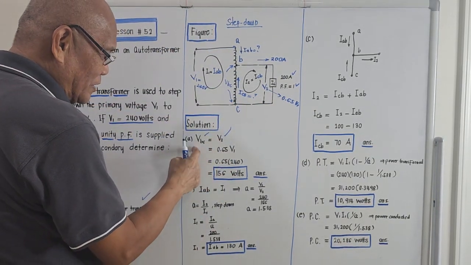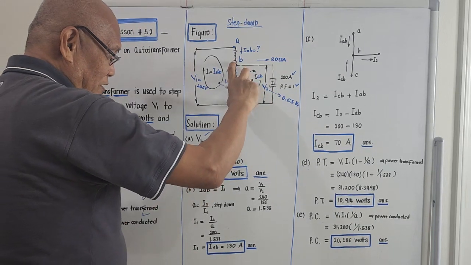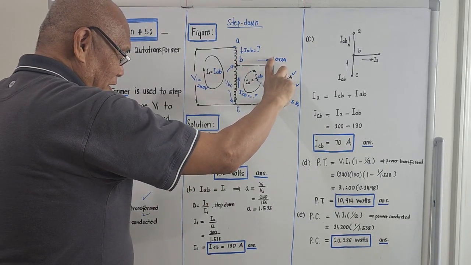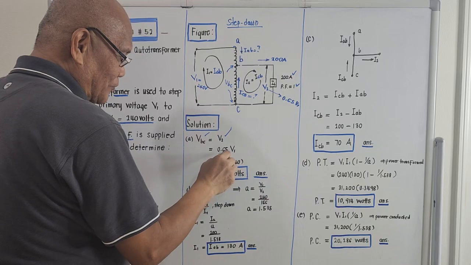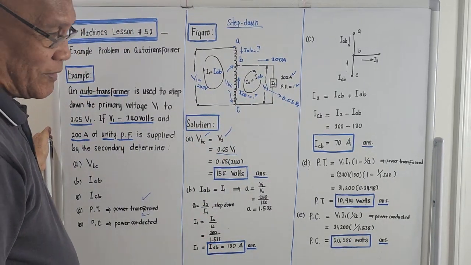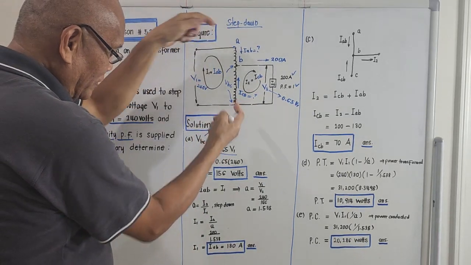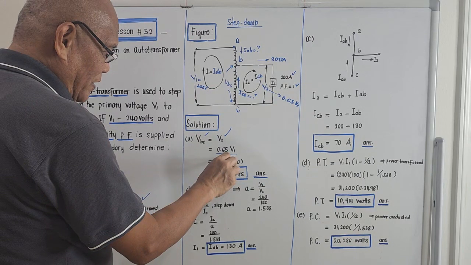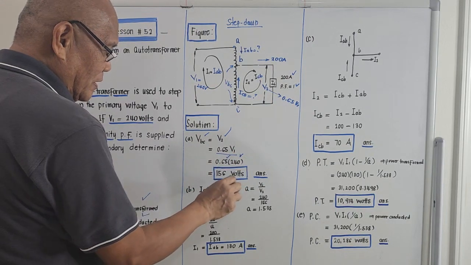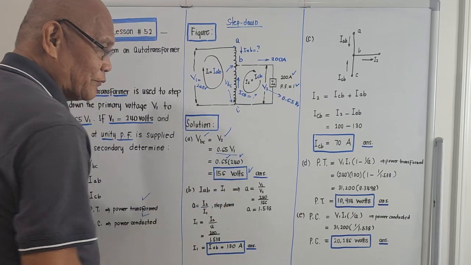So V sub BC is V sub 2, and V sub 2 is equal to 0.65 V1. That is a given condition. It is just 65% of the overall 100. So this should be 0.65 times 240, and the voltage across BC will be 156 volts.